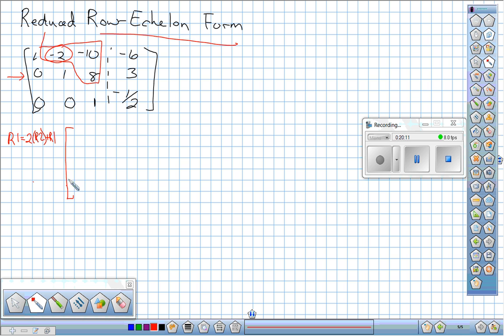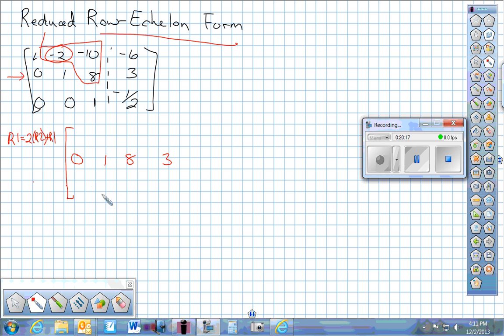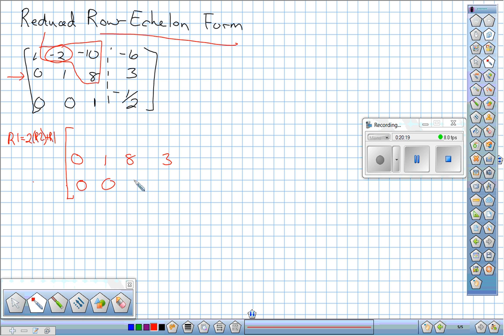So I'm going to go ahead and just write down this second row. And then I'm just rewriting my third row. And then I'm going to do the operations that I said I was going to do. So I'm going to take 2 times my second row. So 2 times 0 plus R1 is 1. Then I have 2 times 1 is going to be 2. 2 and negative 2 is 0.